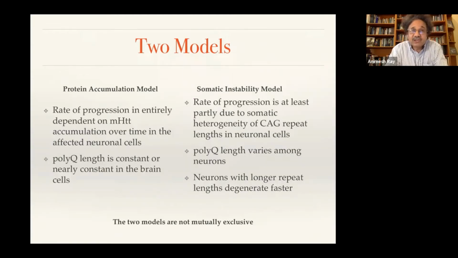And this CAG stretch, because of the vagaries of DNA replication, repair, and recombination, can expand and contract as well. And when a vastly expanded clone of cells happens to reside within a critical neuronal pocket in a patient's brain, you get the disease in a very severe form.